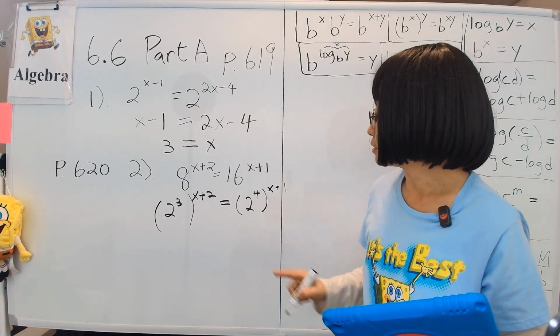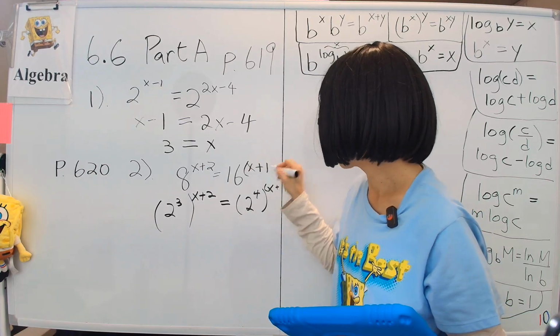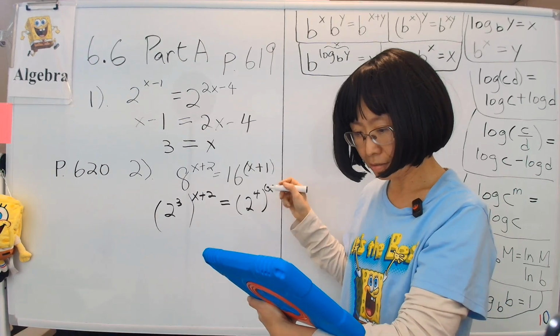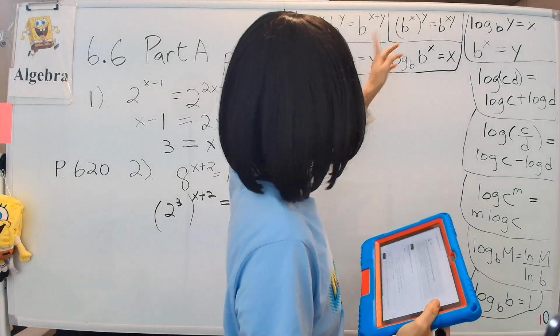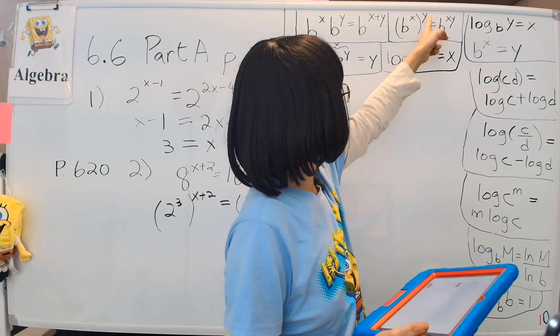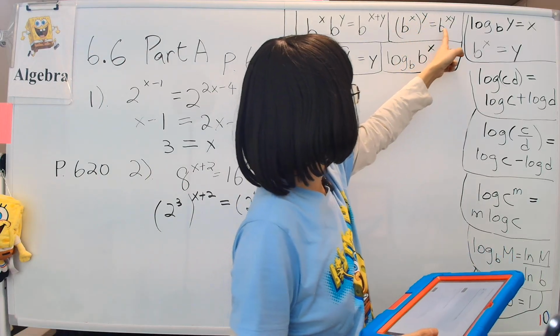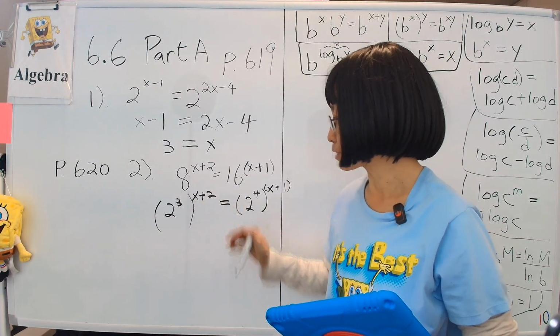The x plus 1 isn't in parentheses here, and it doesn't need to be, but we are going to follow this rule: when something raised to a power is raised to another power, you multiply the powers together. So let's multiply 3 times x plus 2.